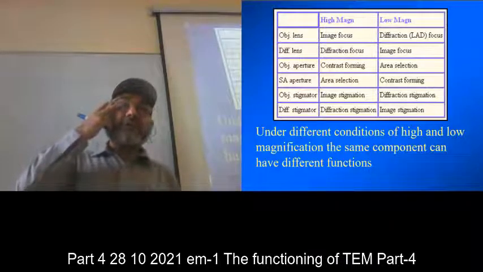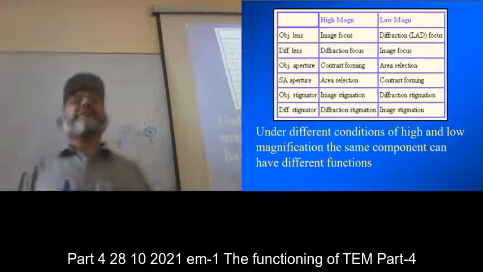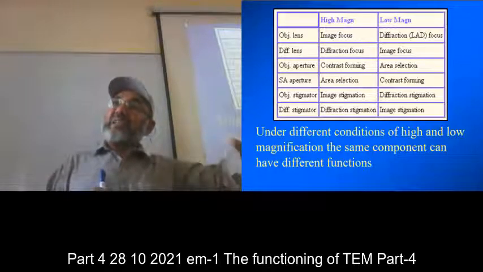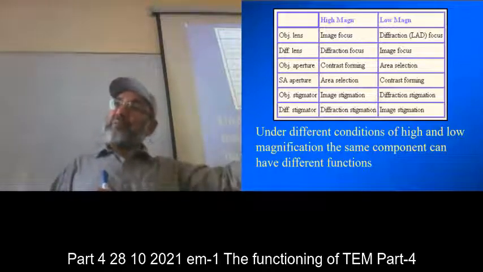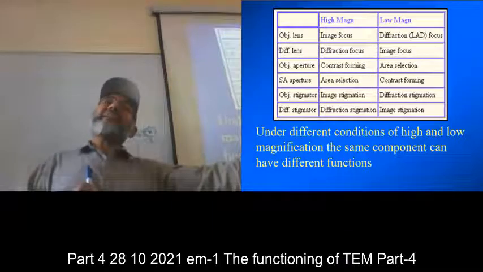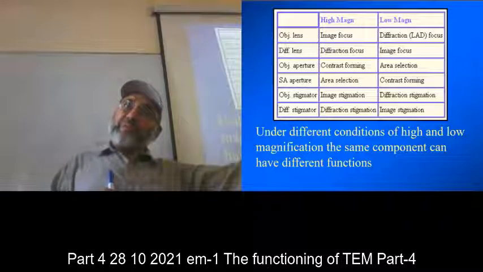So if something is too black, then you can't see the features within that black image. So you decrease the contrast to a gray level, right? When it becomes gray, then you see the features within that image as well.